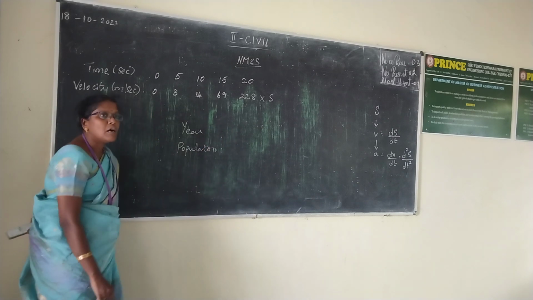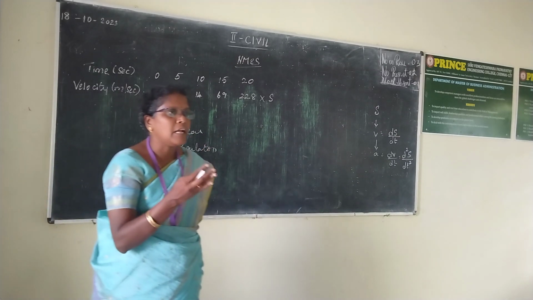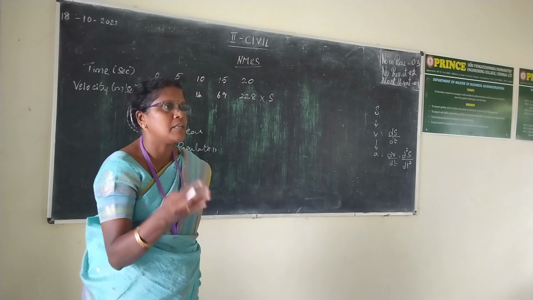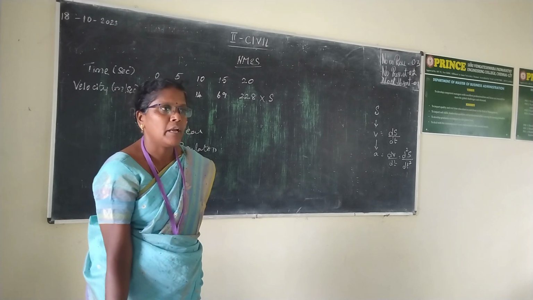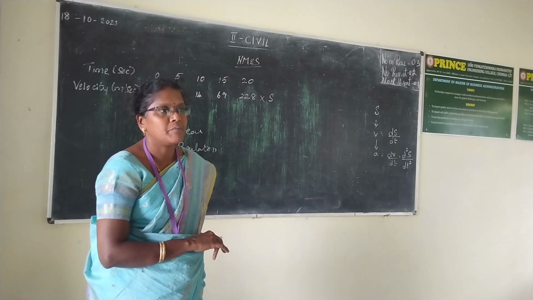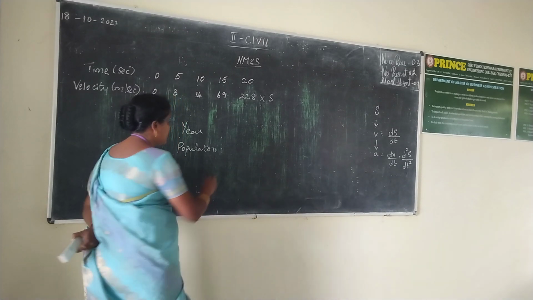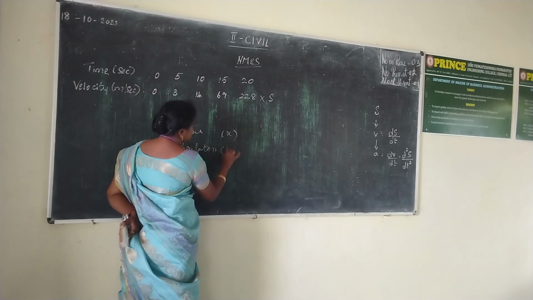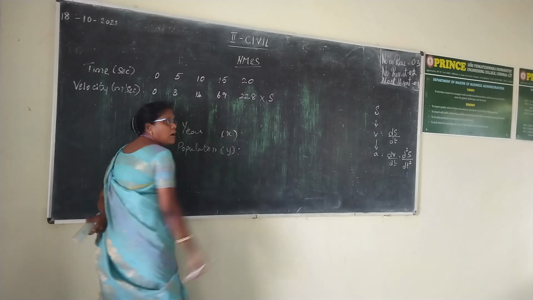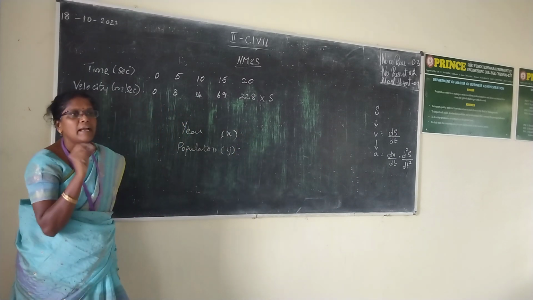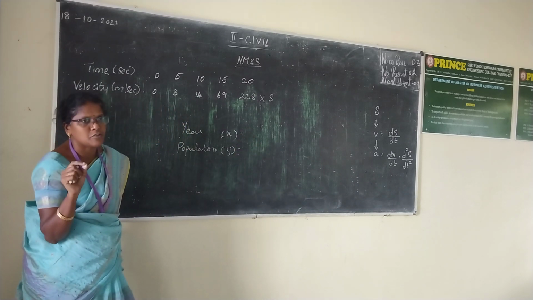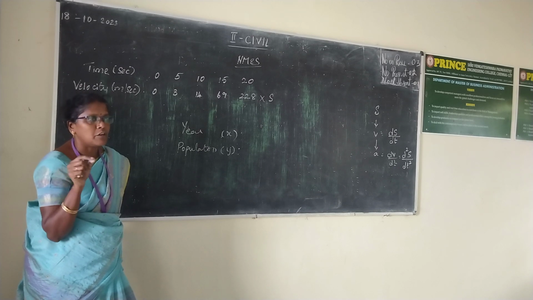They will ask you to find the rate of change of population in some particular year. So this is x and this is y, and the question is to find the rate of change of population. So rate of change is what you have to find.